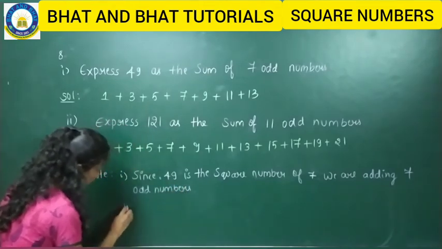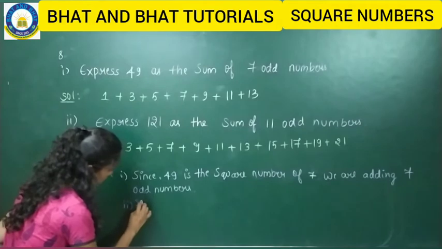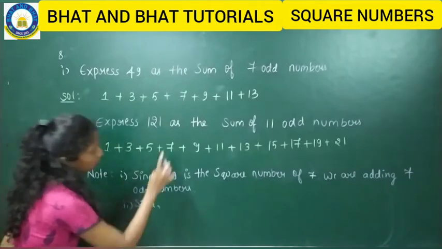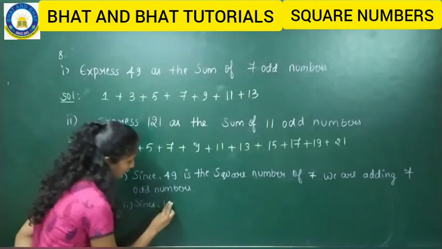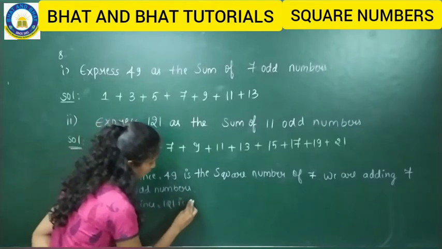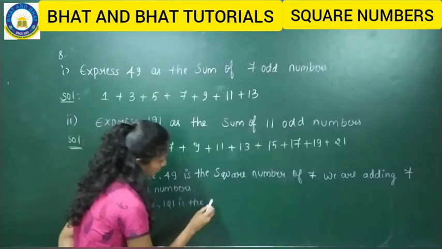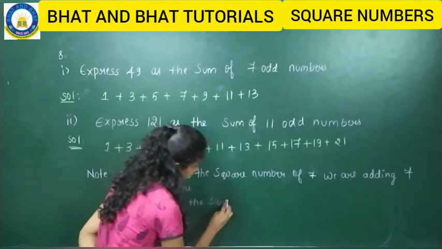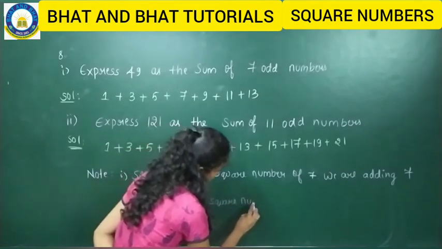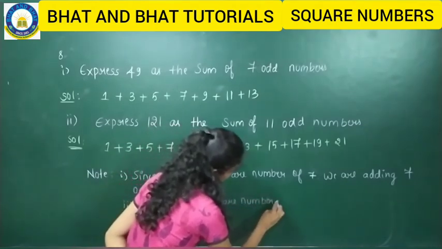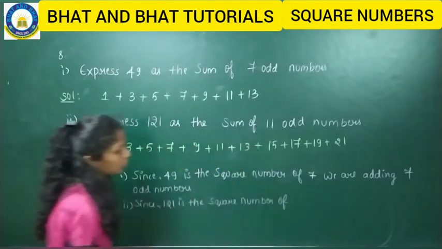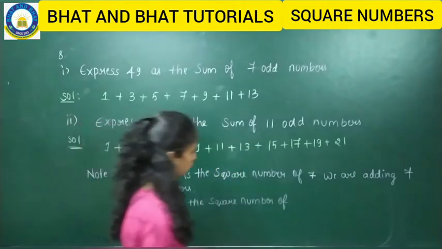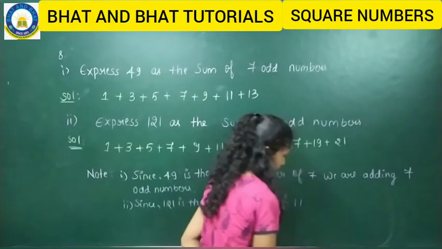And for the second question, since, what is the second one? 121, right? 121 is the square number of 11.